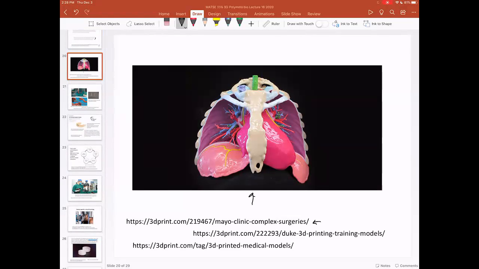Now they have these high fidelity anatomical models, and these were difficult to make back in the day. They were all made by hand. They were all expensive, but now generating anatomical models, and especially generating custom anatomical models for surgery planning or educational purposes is a big business. And so a lot of this is done in PolyJet.